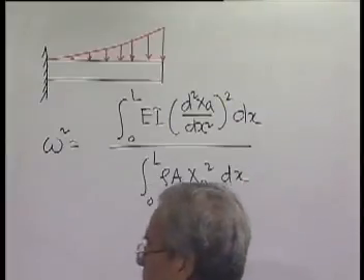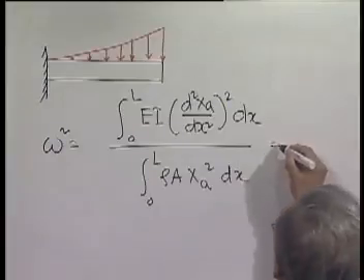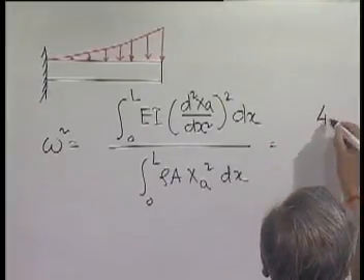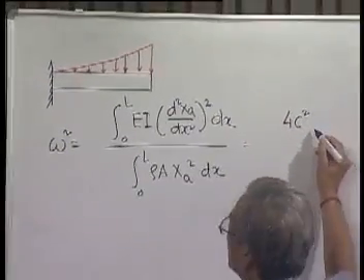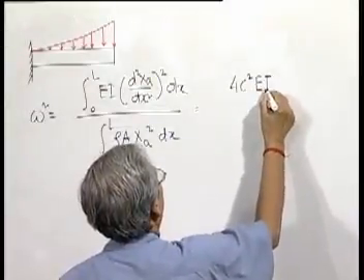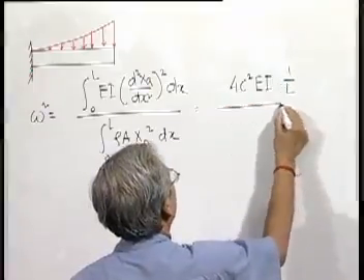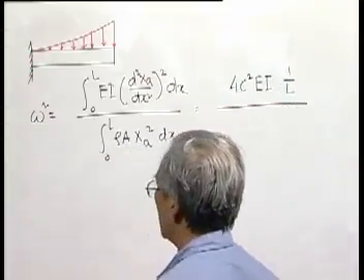Now we know d²x/dx² is 2c. So this will be simply 4c² into EI dx, that is 1 by L. That is the numerator. And what will be the denominator?